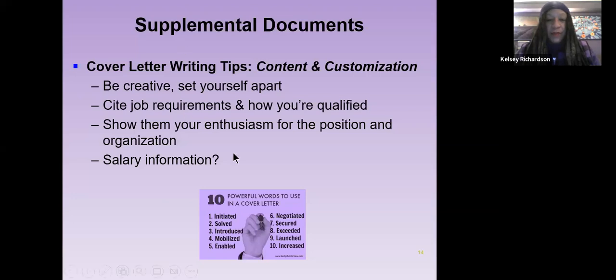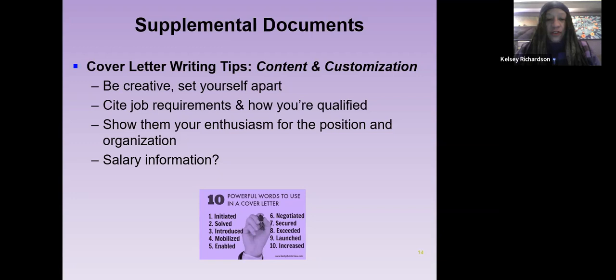But make sure that you are showing your enthusiasm for the position and the organization. One of the best ways to show your enthusiasm for the specific organization and position is to tie it to their mission in some kind of way. If their mission is inspiring to you, you can mention that in that middle paragraph or your last bullet point, if you're doing bullet points.